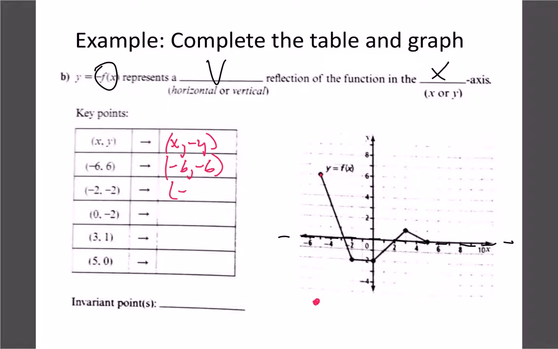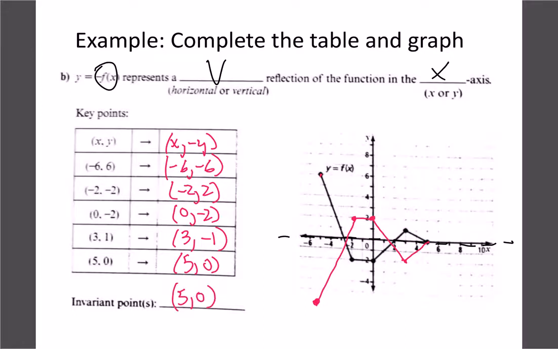Negative 2, negative 2 would become negative 2, positive 2, so it's going to go upwards. The next one at 0, negative 2 will now be 0, positive 2, so it's up there. Then we'd have 3, negative 1, so it's down there somewhere. And then our last one, 5, 0, would be the same. So again, you can see that would be our invariant point in this case.